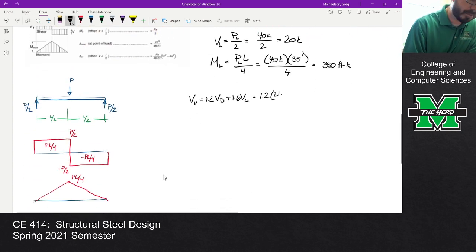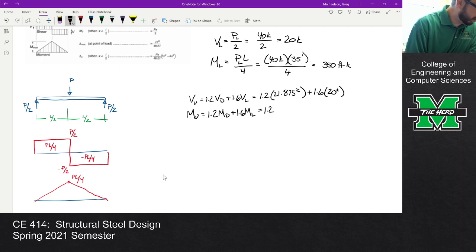Sorry if I'm scrolling up and down a lot. And then MU is 1.2 M dead plus 1.6 M live, 1.2 times 191.41 foot kips plus 1.6 times 350.